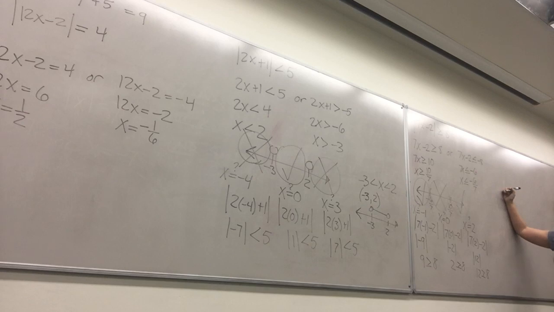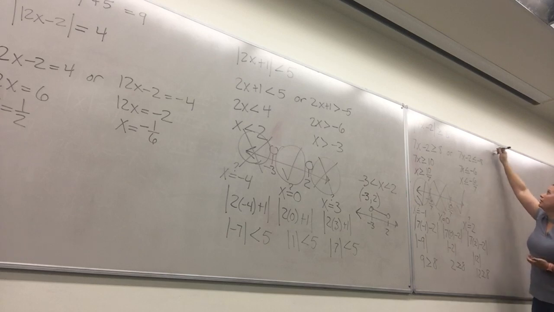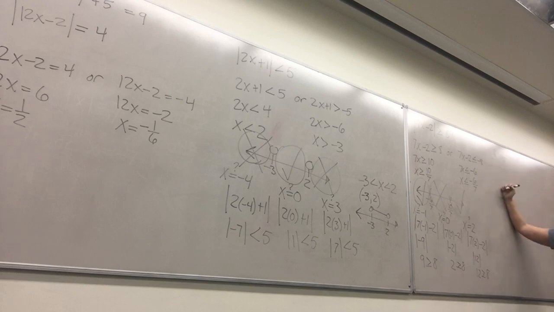10/7 with a second, infinity. That would be one of them. So we have 10/7, comma, infinity with a parenthesis. What about the other section? Negative infinity, comma, -6/7 with a bracket.